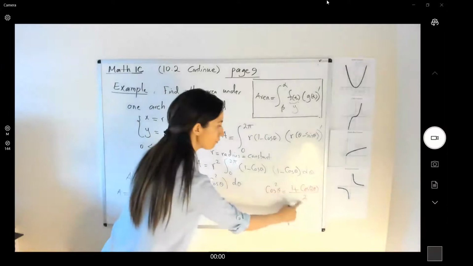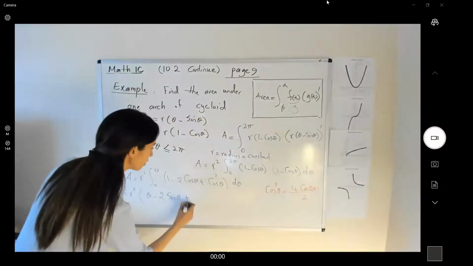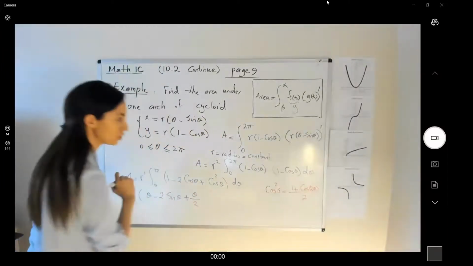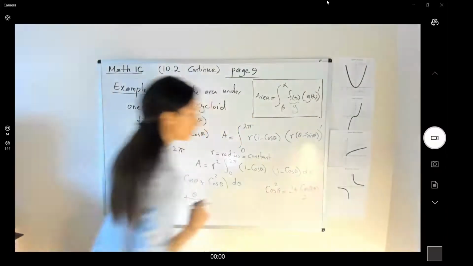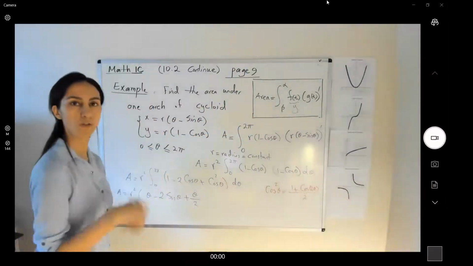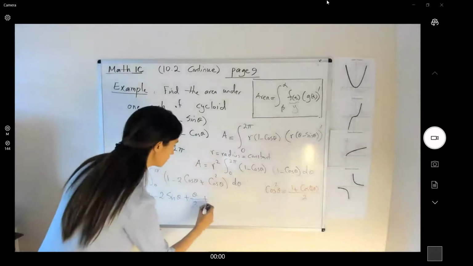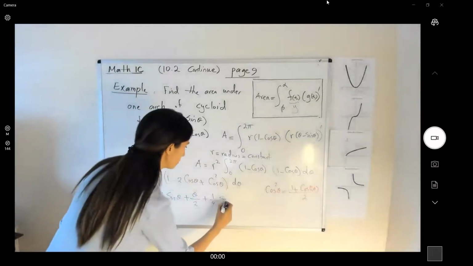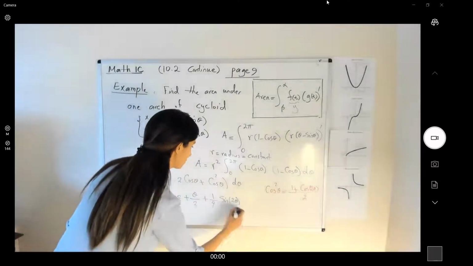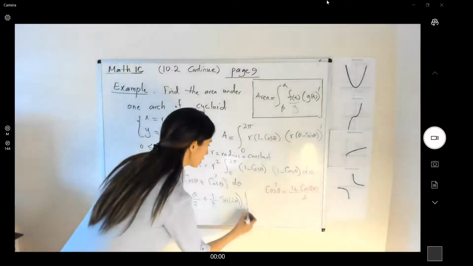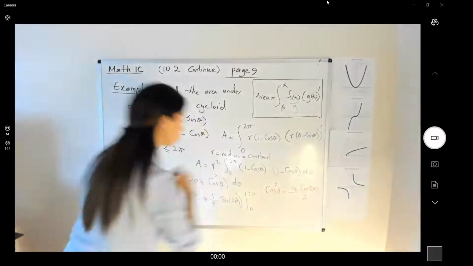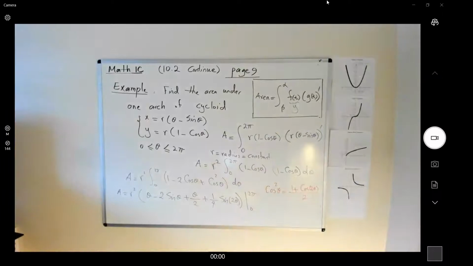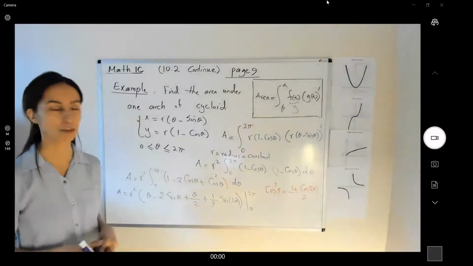The integral of 1 over 2 is theta divided by 2, and the integral of cosine 2 theta is a fourth sine 2 theta. And theta ranges between 0 and 2 pi. So let's plug in 2 pi, then we plug in 0 and we simplify.